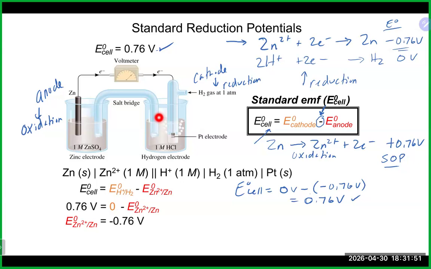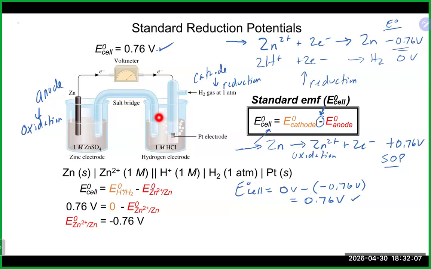Now, if you want to be sort of correct, if you will, and reverse your reaction like we did here, you actually should add the values after you change the sign. So if you decide you want to change the sign for the anode, you should just add those values together.